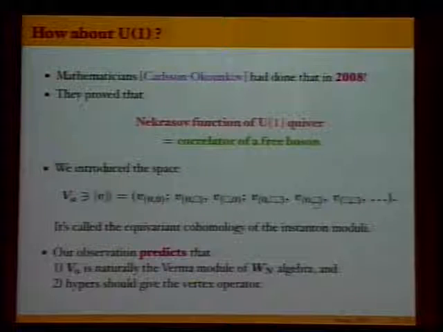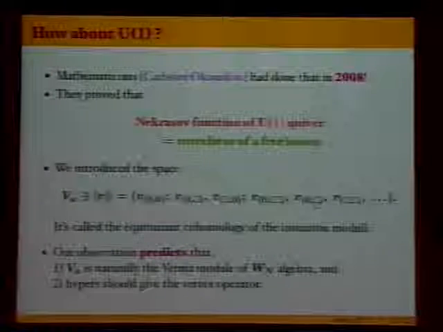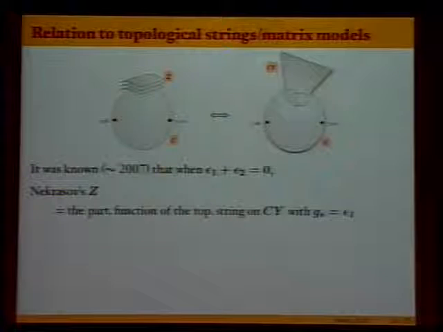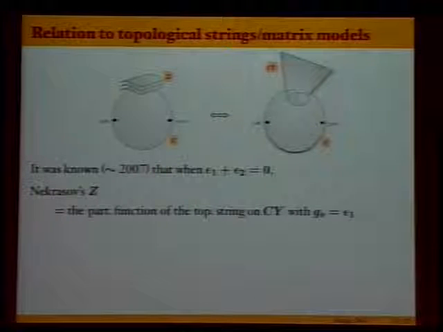OK, so let me finish by remarking on the relation to topological strings and matrix models. There is again a massive amount of literature on the relation of the Nekrasov partition function Z to the partition function of the topological strings, but in the case epsilon1 plus epsilon2 is 0, which corresponds to the self-dual rotation or anti-self-dual rotation, depending on your convention.